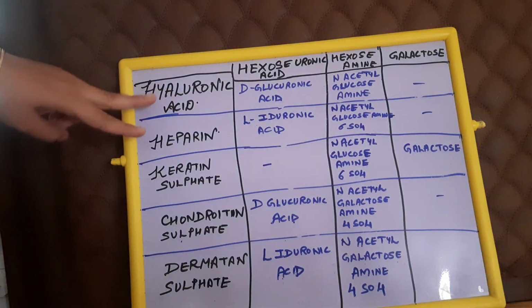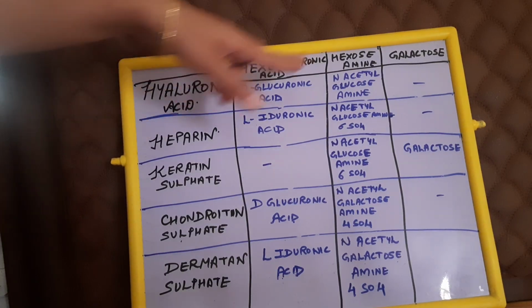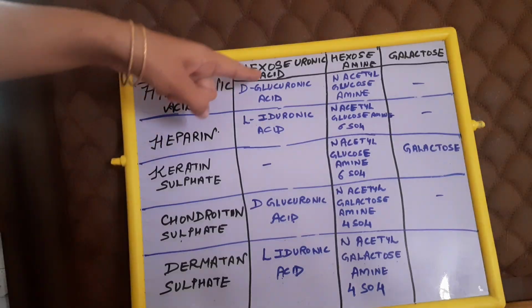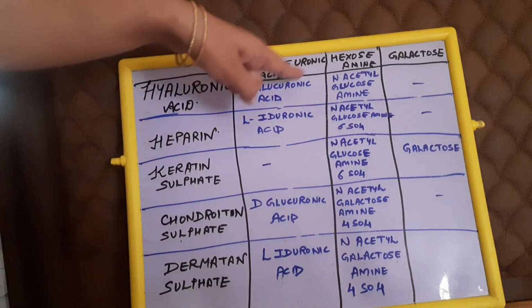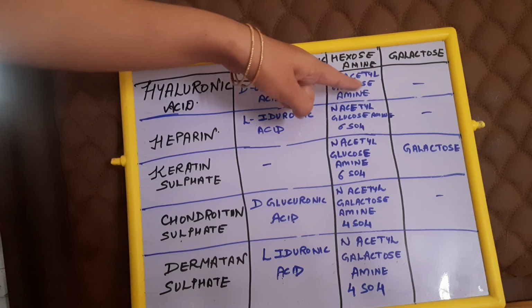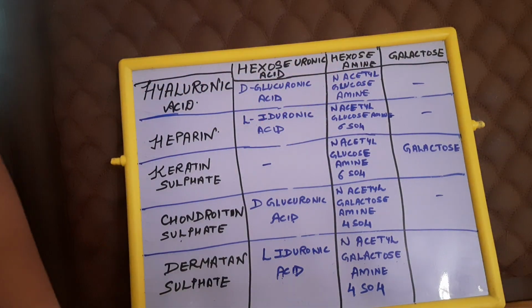I think it is easy to remember them now. Both of them start with H. Both of them have glucuronic acid in their structure, except that in heparin it is L-iduronic acid. Otherwise, both have glucose in their structure.